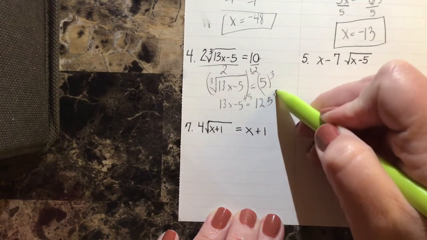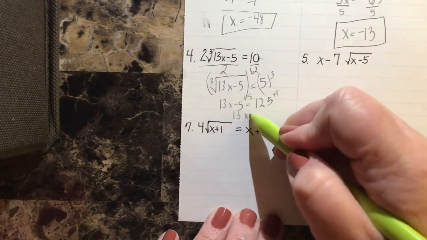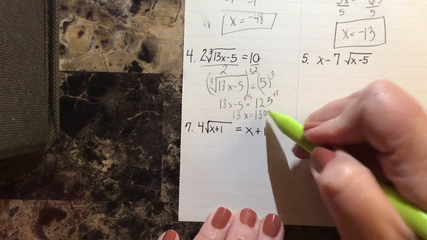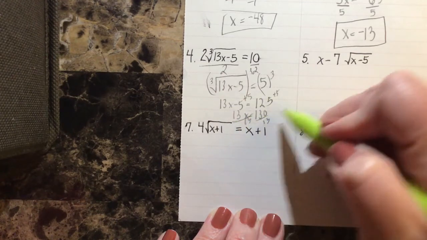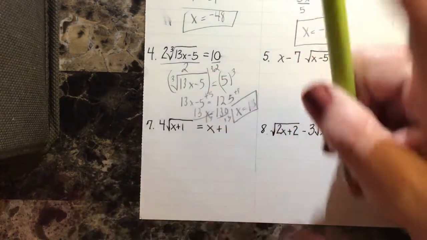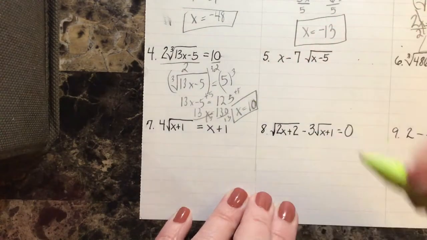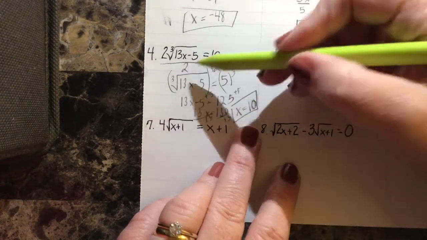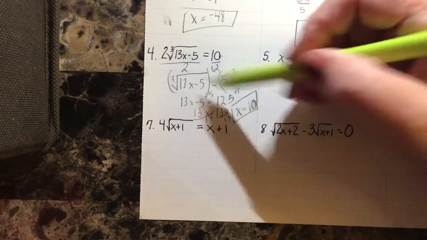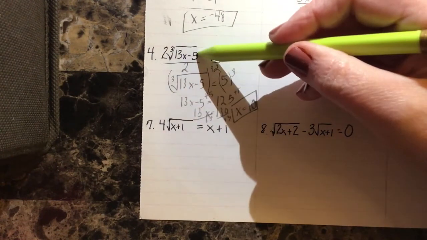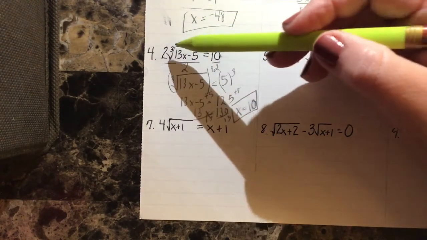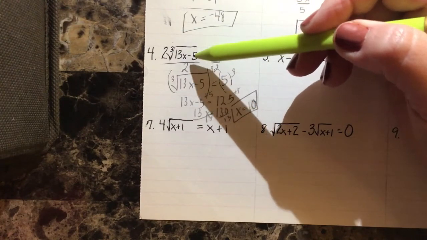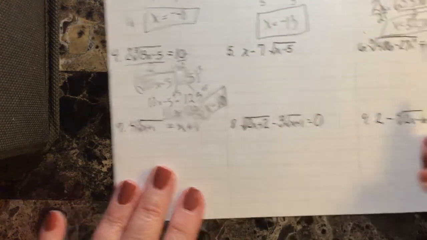Solve for x. That's 130. Divide by 13. X is 10. And then let's check it. So 10 times 13 is 130. 130 minus 5 is 125. The cube root of 125 is 5, and 5 times 2 is 10. Okay, yes, that is correct.